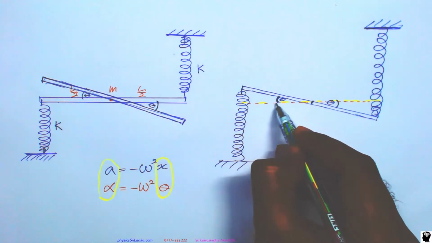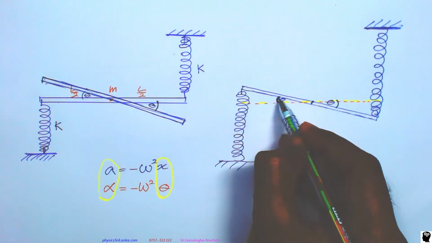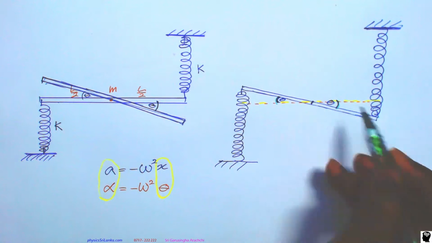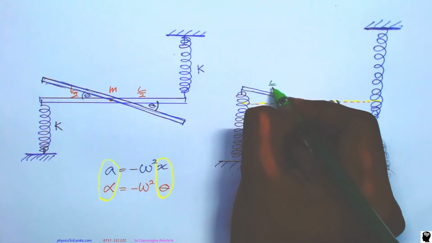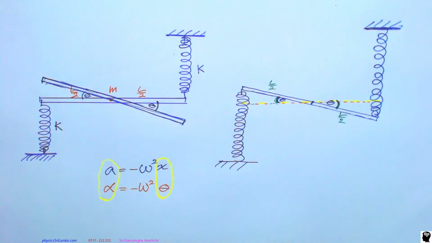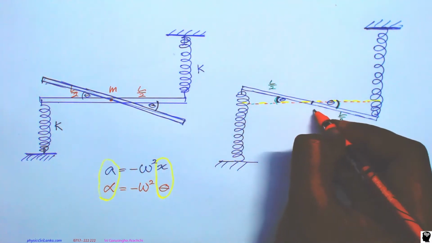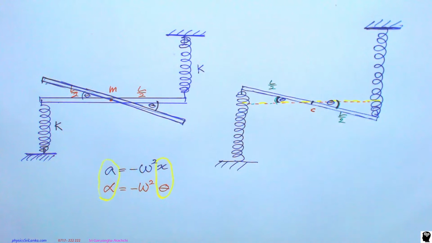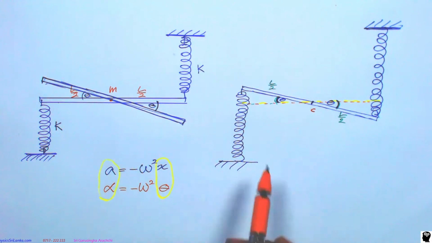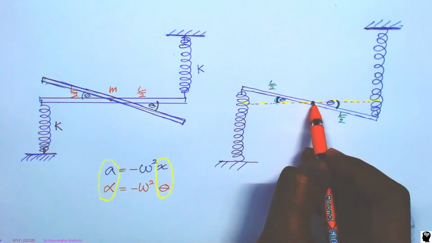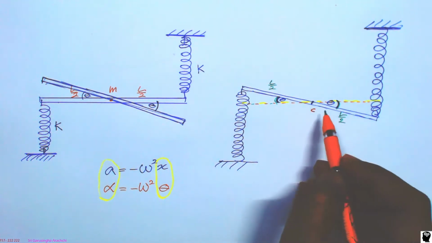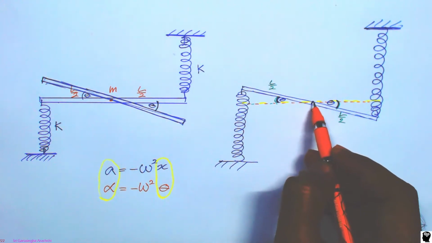So this was my natural length. This is theta. So this would be L by 2, this also would be L by 2. So let's talk about this point, I'll call it C. This is the uniform stick of length L, and its mass acts at this point, because the center of mass of this rod is at C.